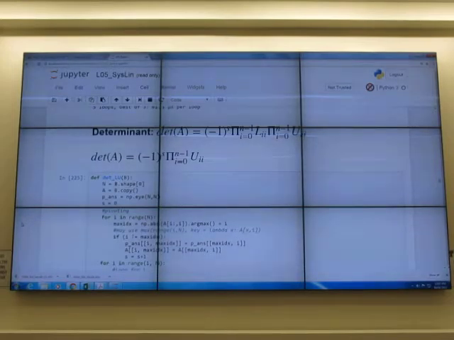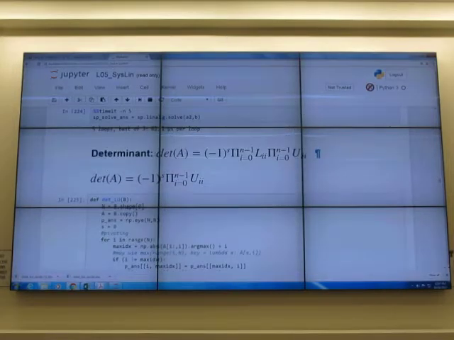Determinant. It is odd that you can just do root of linear equation but cannot calculate determinant. You should be able to calculate determinant. Why? Because it's just minus 1 to the power of s multiplied by product of Lii and product of Uii. Product of Lii equal to what?